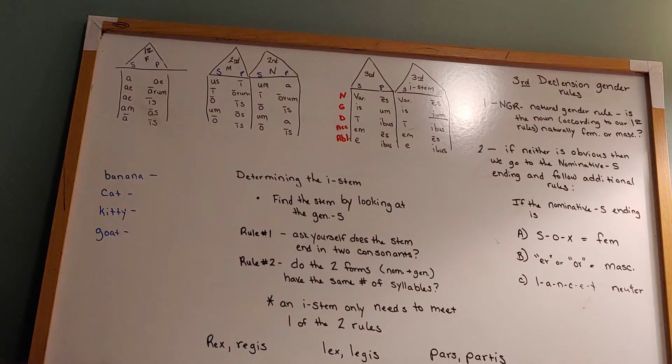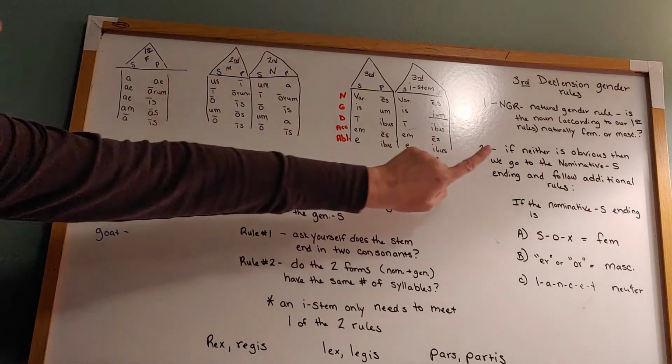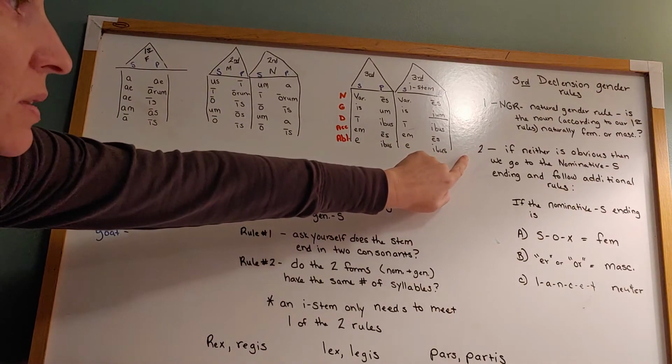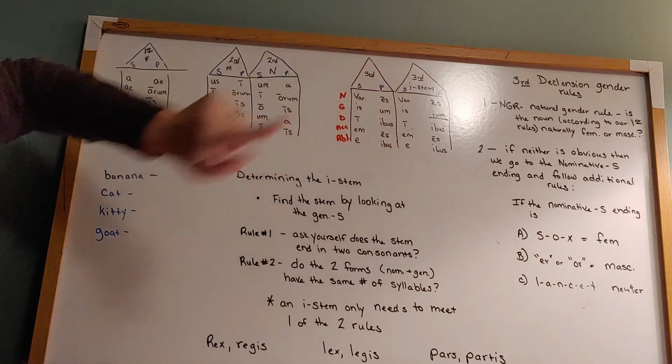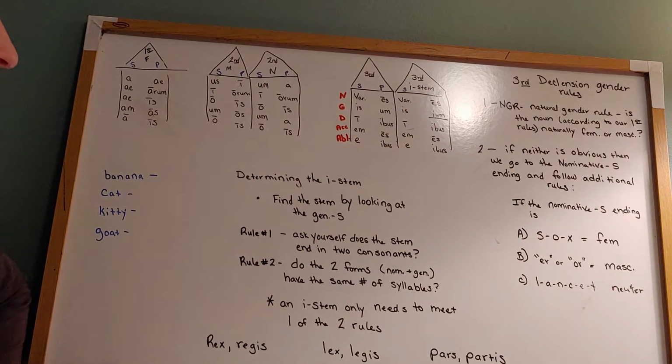So in examples like that, when we look at a word in Latin, our first question is: is it naturally female or naturally male, or masculine? If neither is obvious, then we go to the nominative singular ending and follow additional rules.